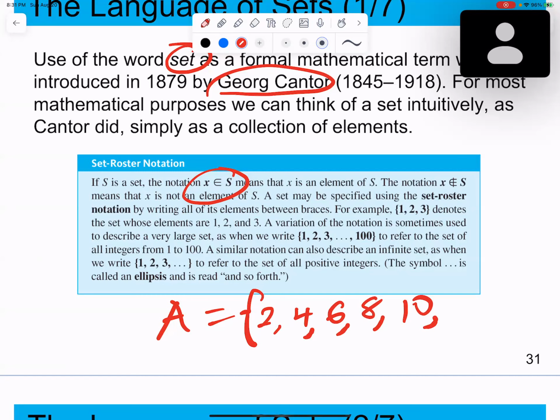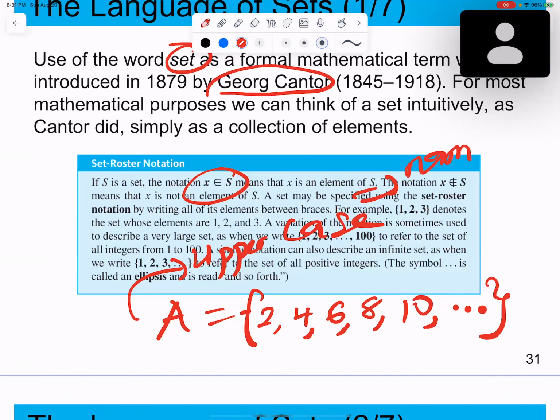Now, instead of listing all of them, I said you use 3 dots, right? Now, always use an uppercase letter to represent the name of a set.